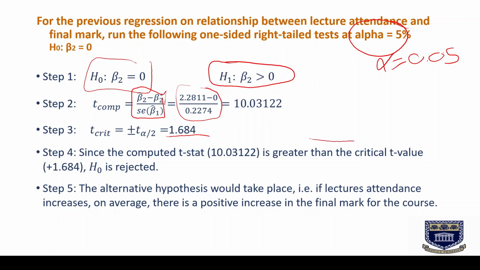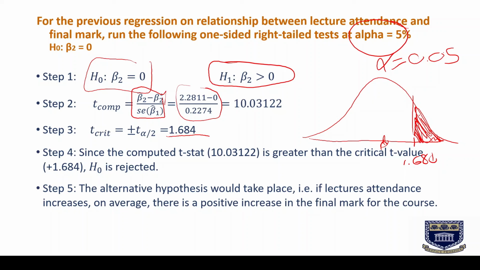Graphically, what that would look like would be something like this. This would be the sampling distribution. We have 0 over here, the t distribution. The critical value we looked up was 1.684, which means that anything to the right of that forms the rejection region.